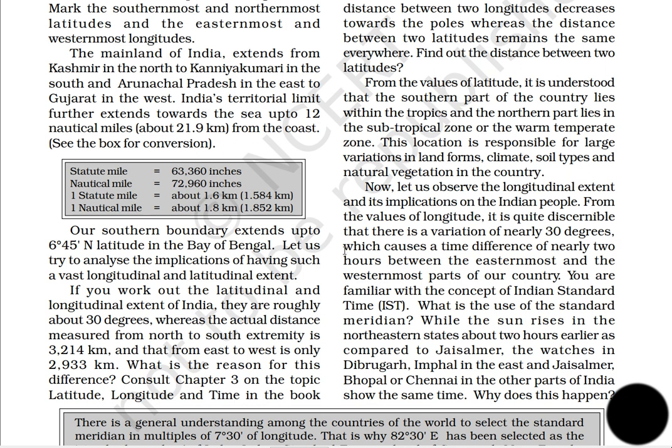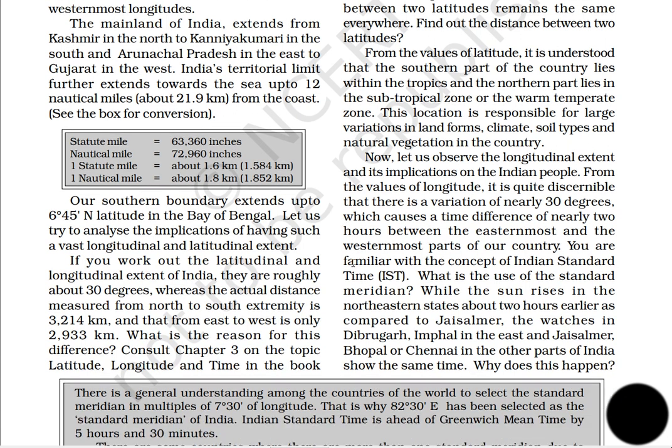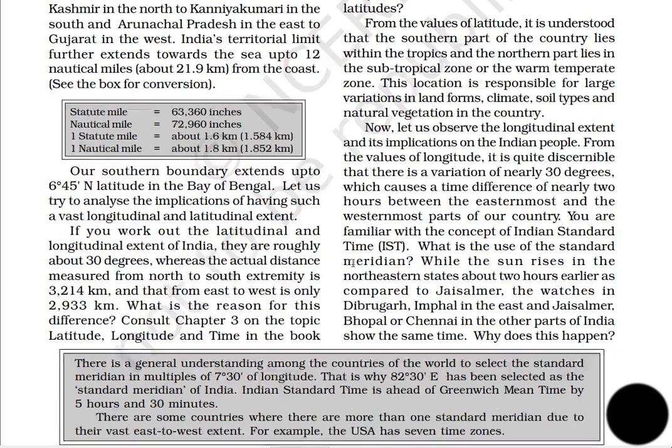Now let us observe the longitudinal extent and its implications on the Indian people. From the values of longitude, it is quite discernible that there is a variation of nearly 30 degrees, which causes a time difference of nearly 2 hours between the easternmost and the westernmost part of our country.